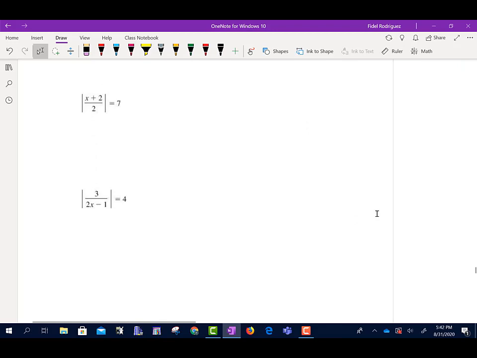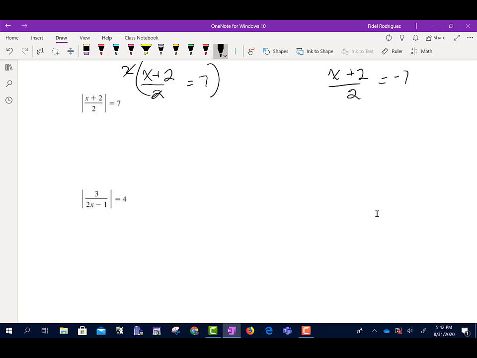All right. So let's take a look at this next one here. So again, I'm going to write it just like I did before. X plus 2 over 2 equals 7. X plus 2 over 2 equals -7. Okay. Let's multiply this guy by 2. Those will cancel out. X plus 2, 2 times 7 is 14.